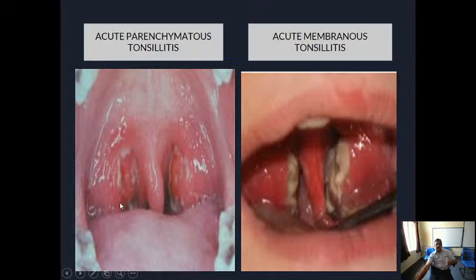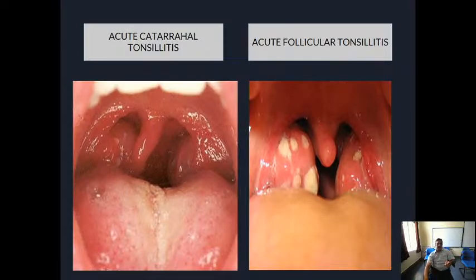And membranous, where the purulent discharge that is coming out forms a membrane on the tonsil, which gives rise to membranous tonsillitis.